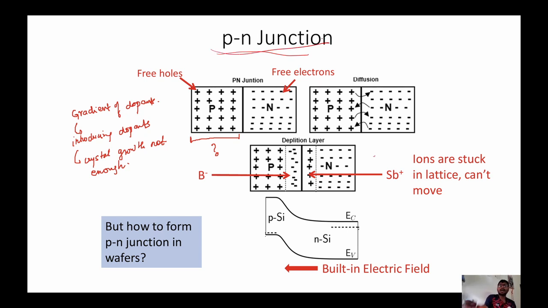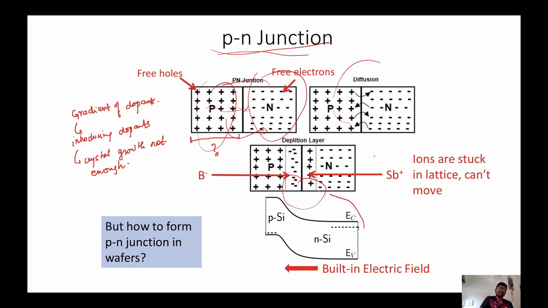The p-n junction is nothing but a p-type semiconductor and an n-type semiconductor. When they are put close together, there will be a movement of electrons from the n region and a movement of holes to the p region. This kind of diffusion happens, and a depletion layer forms because of that.